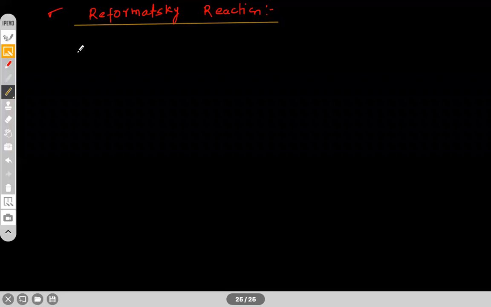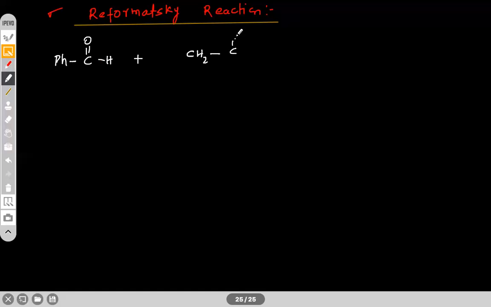See this. Suppose I am taking benzaldehyde, PhCHO, plus an ester, and at the alpha position we have halogen present. Suppose we have Br here, alpha halo ester.